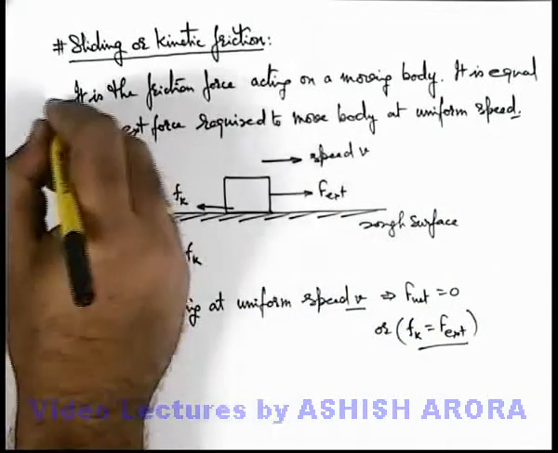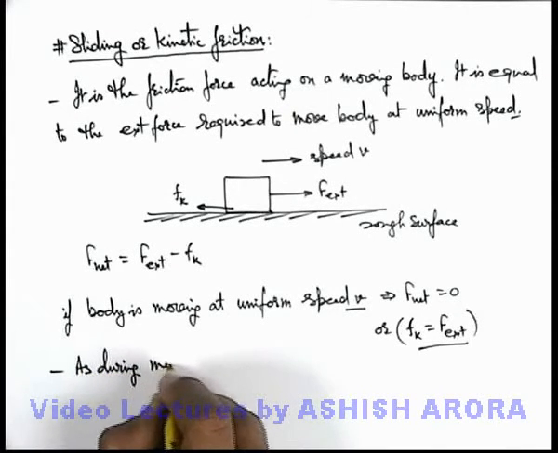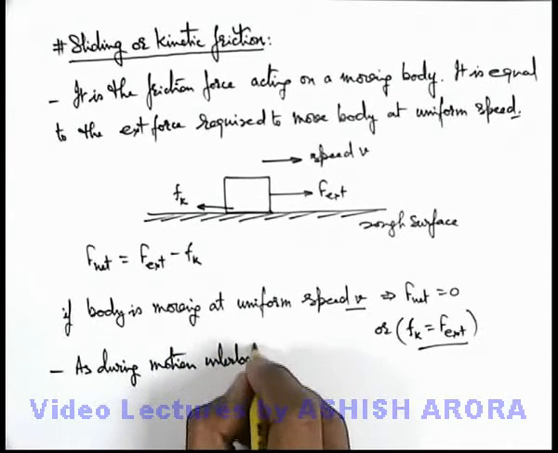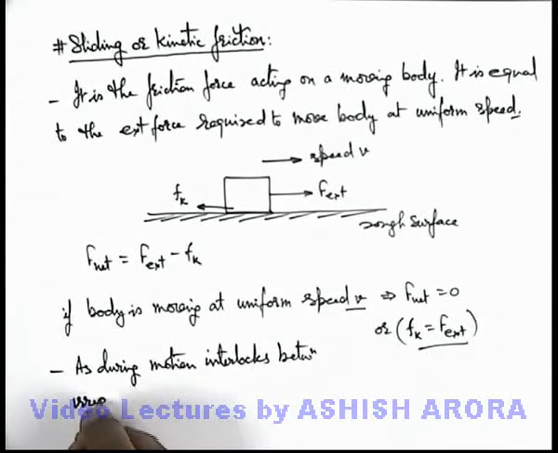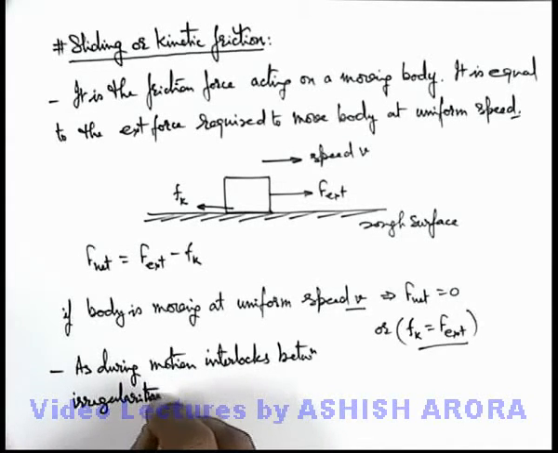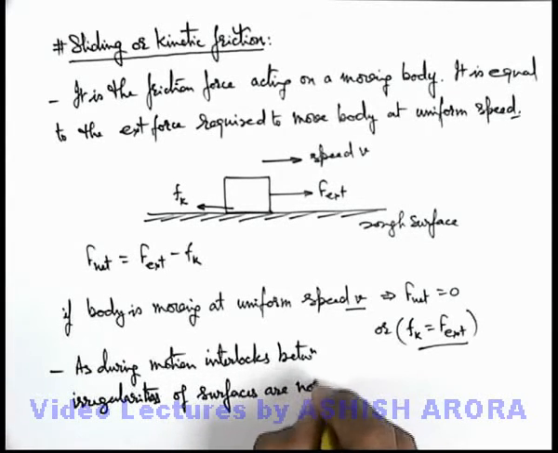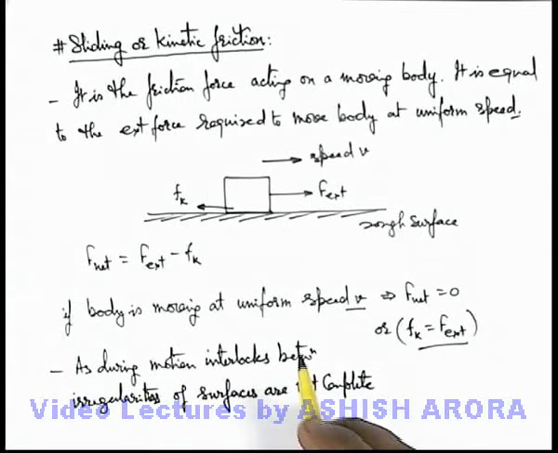One more point here you can write, that during motion interlocks between irregularities of surfaces are not complete, because when the body is at rest, the interlocks do not allow the body to move, or the friction when the body is at rest will be more, because the interlocks are complete.